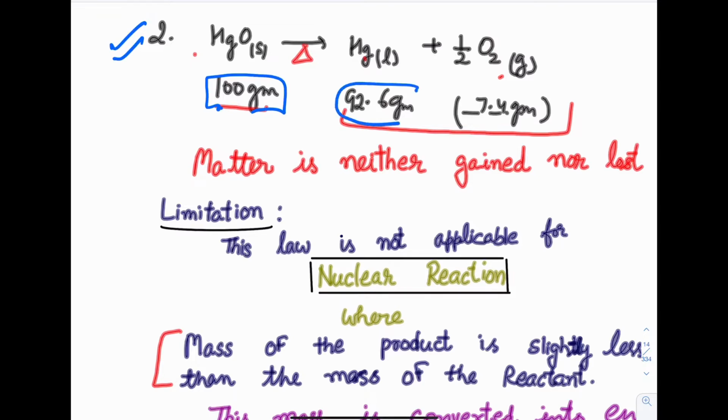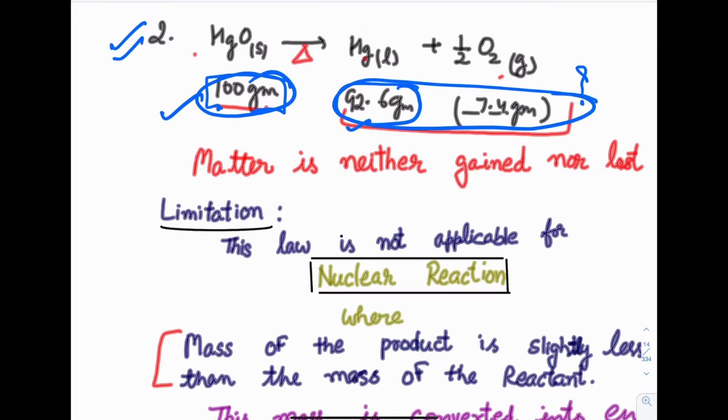By knowing this mass, we can easily find out how much oxygen gas will be released. Obviously, the total mass of product will be equal to the total mass of the reactant. If it is 100 and 92.6, then 100 minus 92.6 will be 7.4. So 7.4 will be the mass of oxygen released.